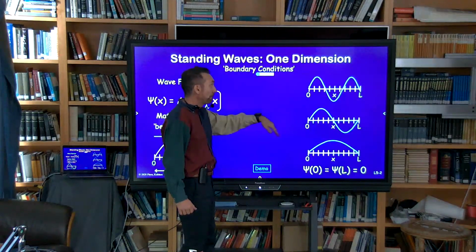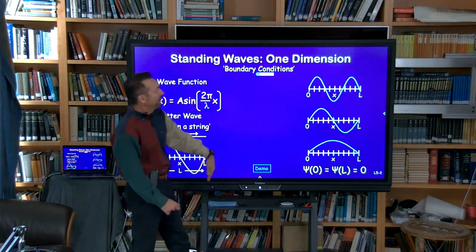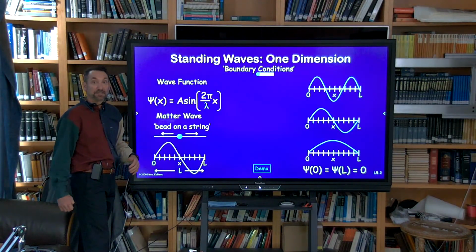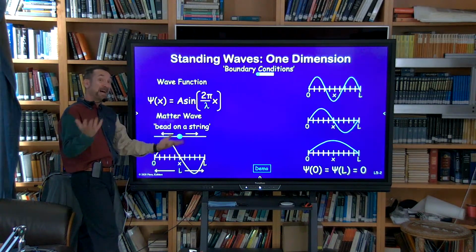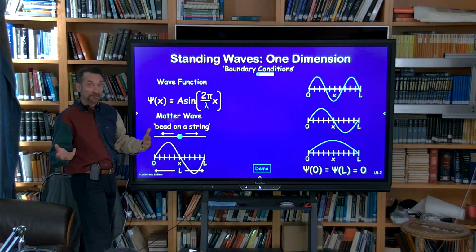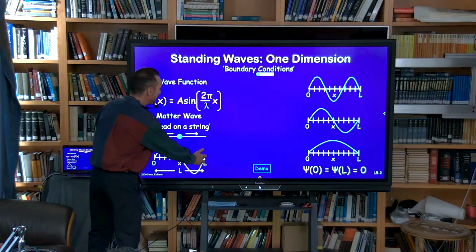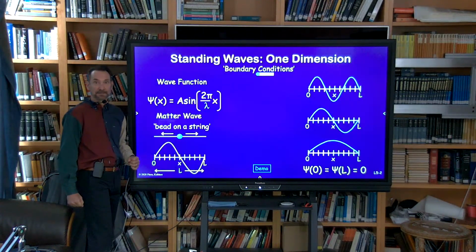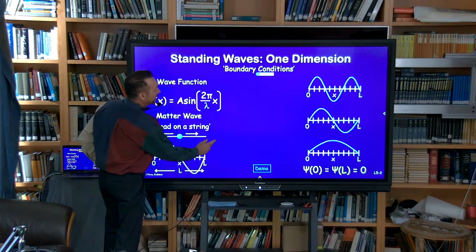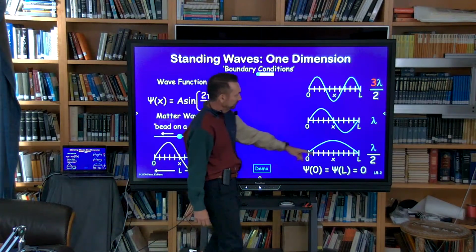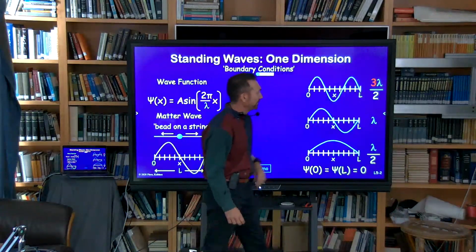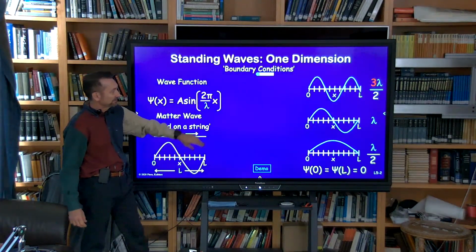Boom, boom, boom, ba-da. Those are the fundamental frequencies. Now they're the fundamental frequencies of matter if our matter is behaving like a wave. So we've trapped a wave in this box. So there we go. Half a lambda, a full wavelength, and 1.5, 3/2 wavelengths.